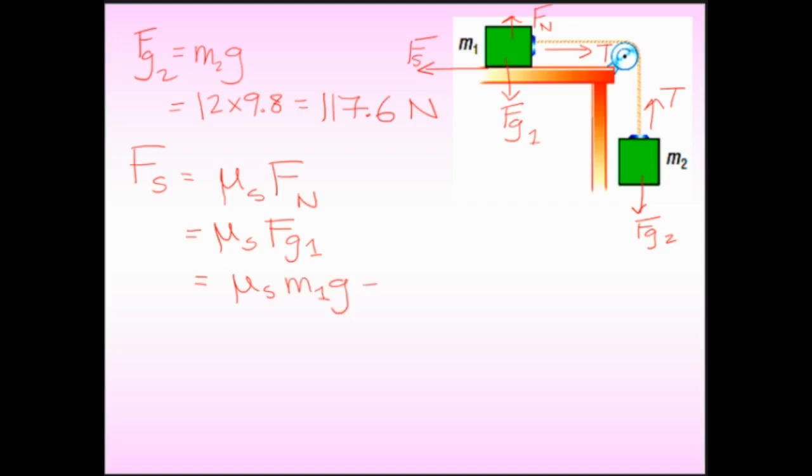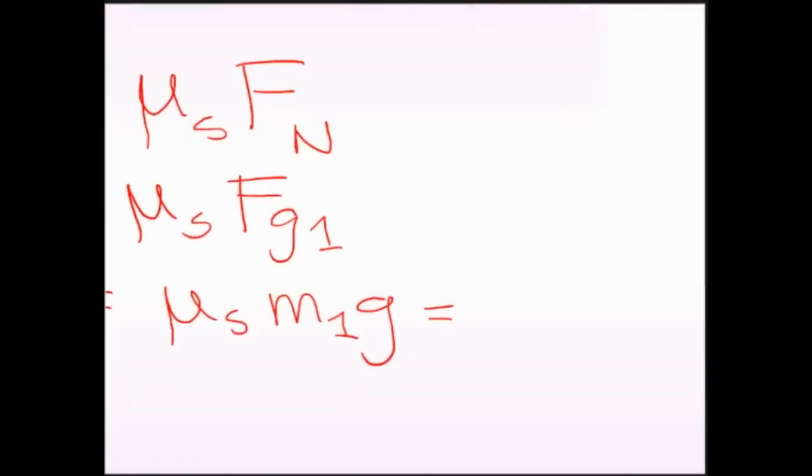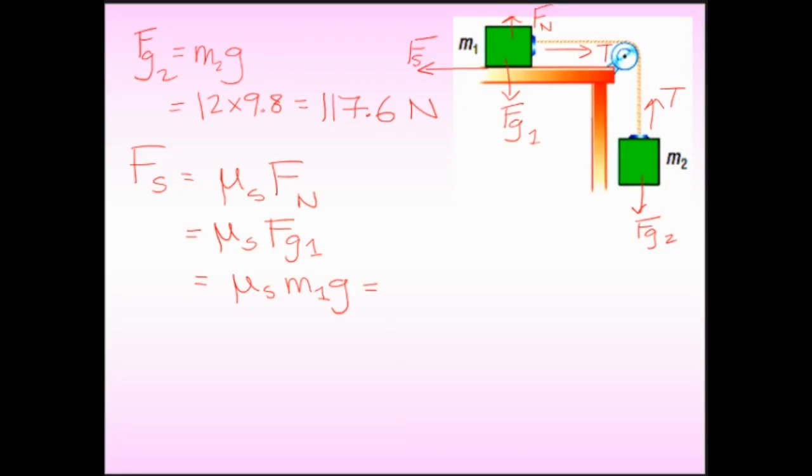All right, now we can do the calculation. What was the mu s? The static friction coefficient. 0.45 times 45, times 9.8. Who's got this? Come on. Yes, Ahmed.